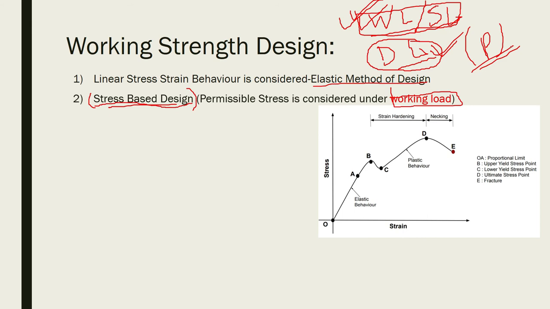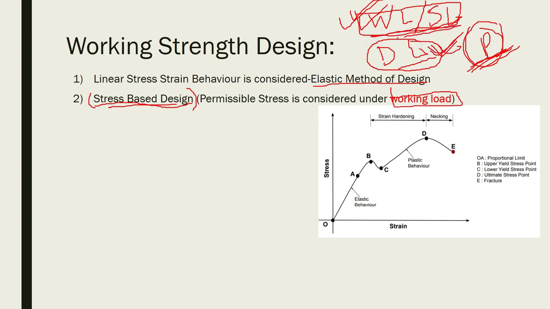Dead loads are more reliable, that means most of the time they are going to act over the structure, but live load is not that reliable, because it might come and go. At a certain point of time there will be no live load, at another it will be very high. So the probability of occurrence of load is very important, and that is taken care of while we find the design load.